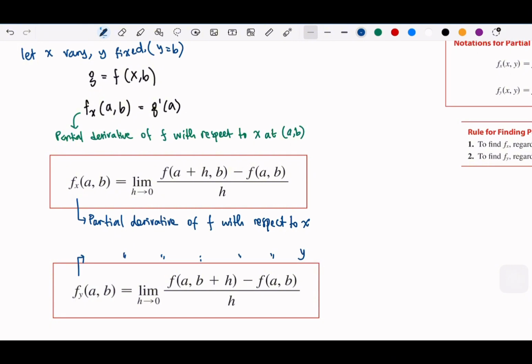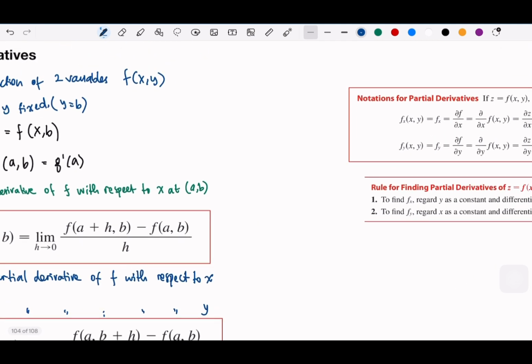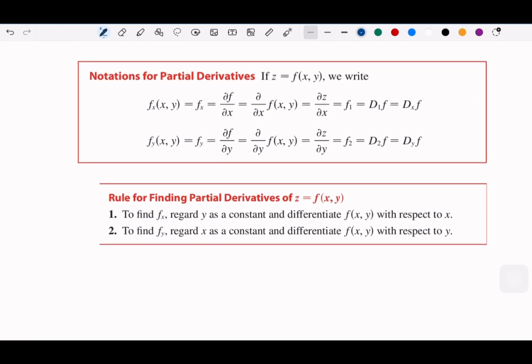And another notation that might be possible that usually we write, we can write in terms of the point, we can include the point, or just normally partial derivative with respect to x like this, or using the Leibniz notation. This is called the Leibniz notation, and then maybe x, y.